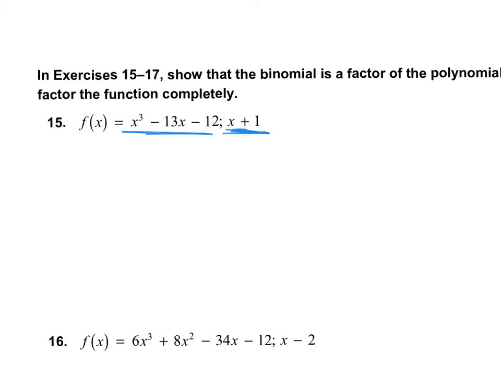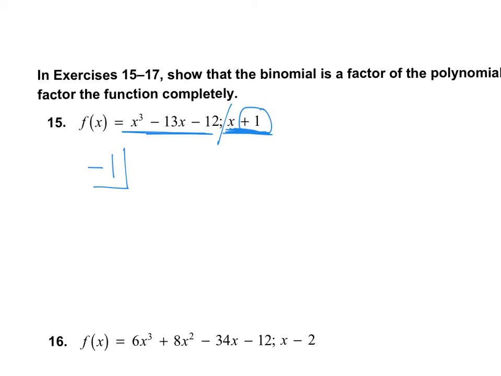Because this is dividing by something that looks like x plus or minus some number, I can use synthetic division. The opposite of that sign is negative 1, and if I get a remainder of 0, that means that that is a factor.